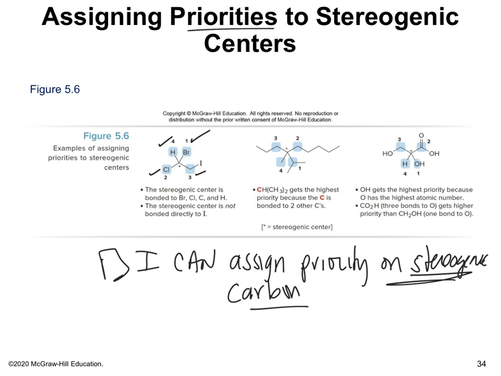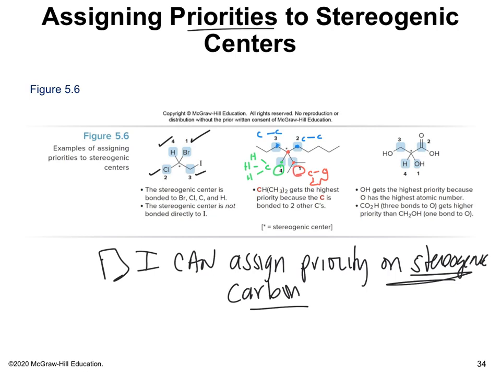Here, this one's a little hairier because they're all carbon. So you have here, number 1, this carbon is bonded to a carbon and a carbon. This carbon is bonded to a carbon. This carbon is bonded to a carbon. And this carbon is bonded to an H, an H, and an H. So this carbon is obviously the least, and since this red carbon is bonded to two carbons, it's number one.